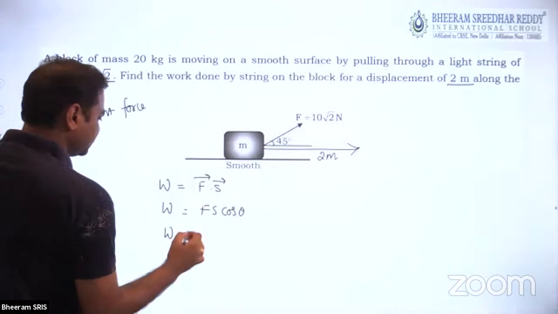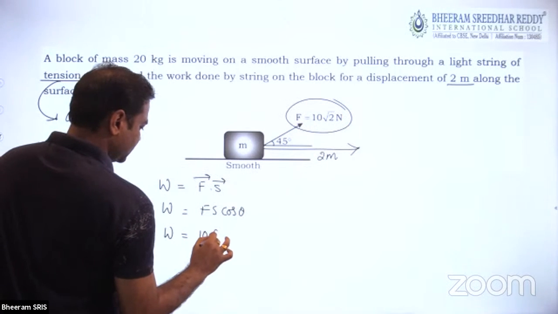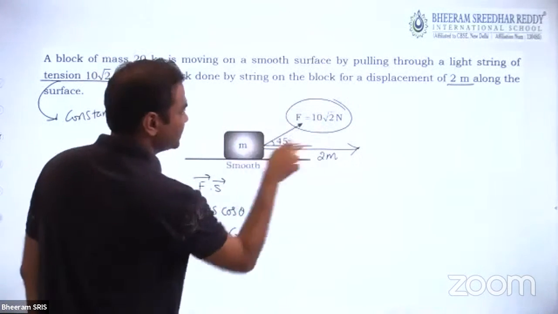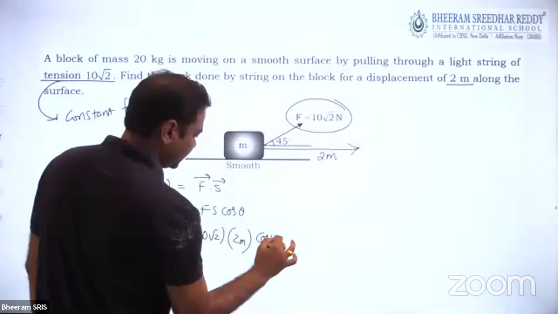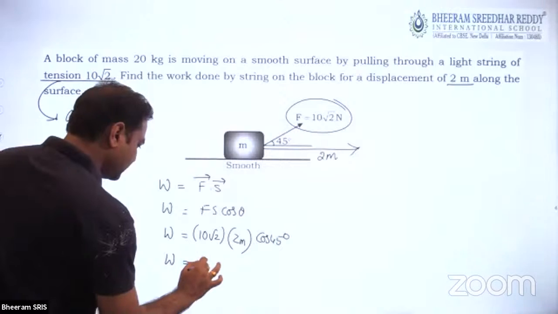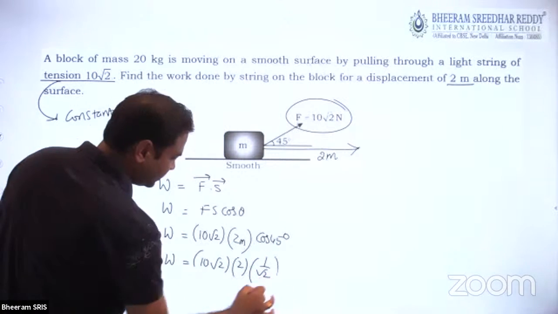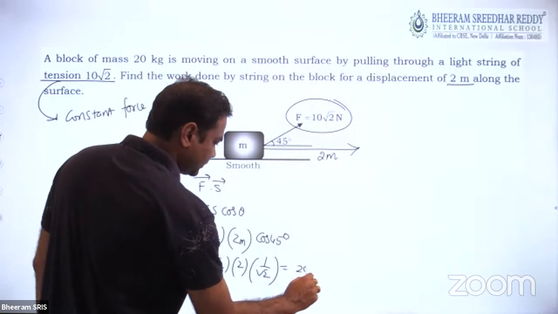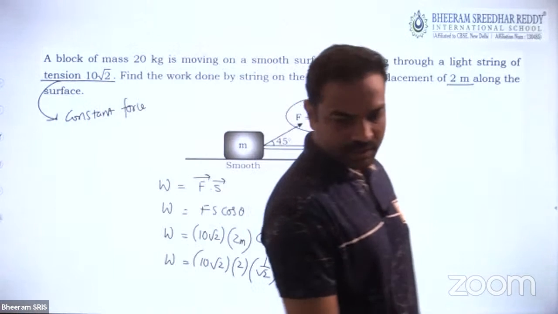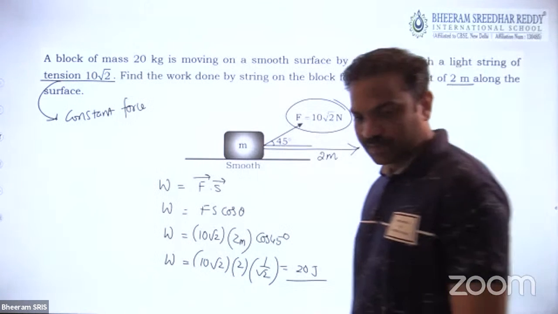The force value is 10 root 2, the displacement is 2 meters, and the angle between the force and displacement is 45, so cos 45. Work done is 10 root 2 into 2 multiplied by 1 by root 2. Root 2 cancels out. You will get 20 joules. That is the work done. Gopal is already correct. Most of the people did this question. Good. Very good.